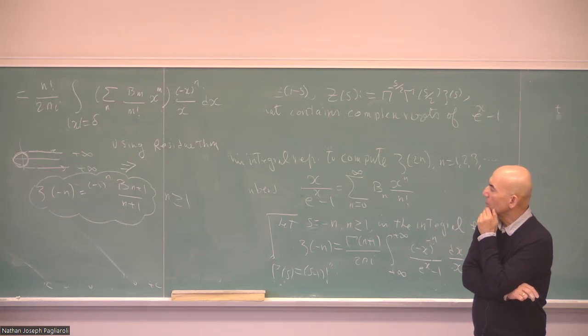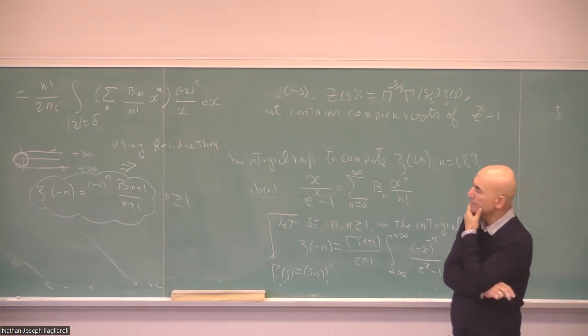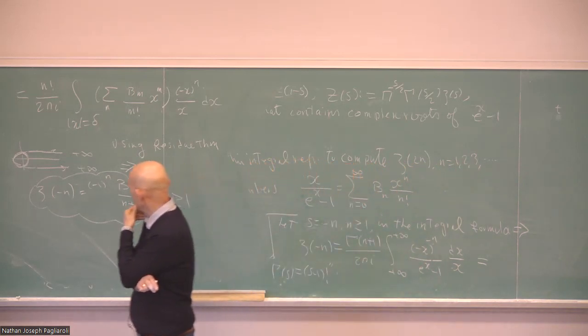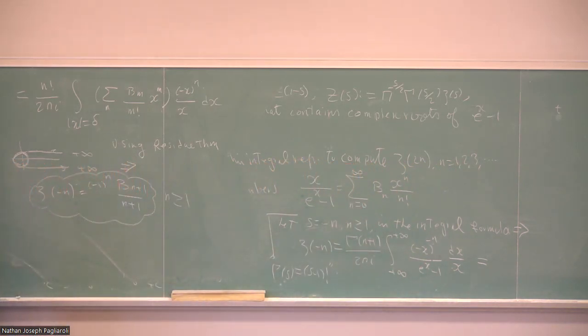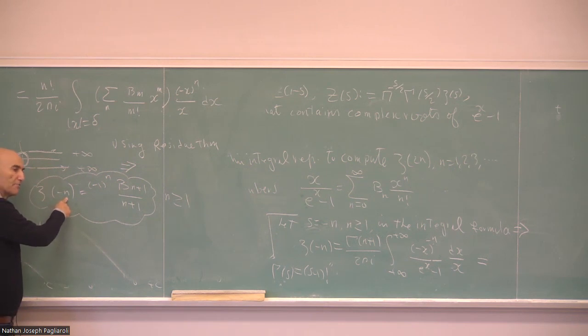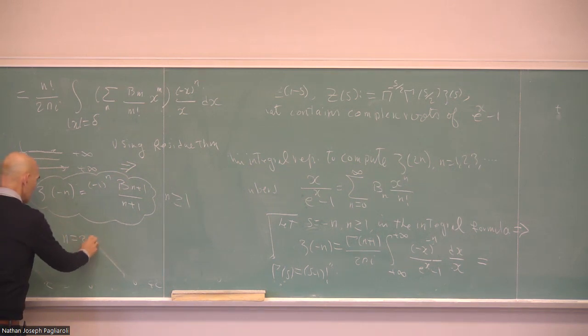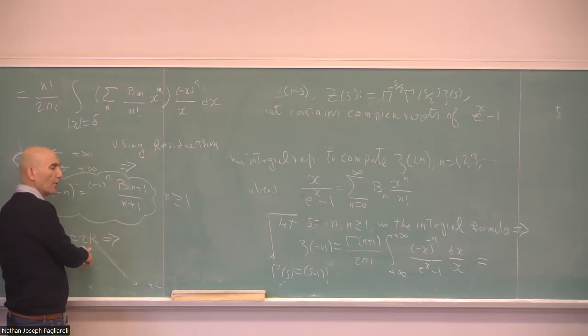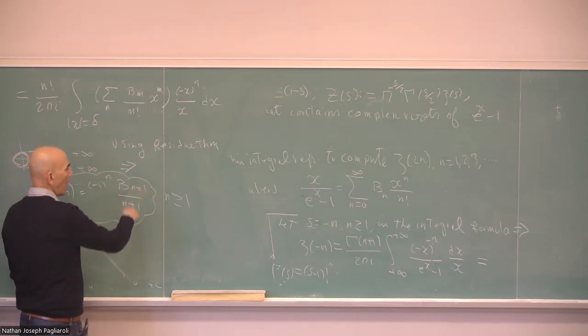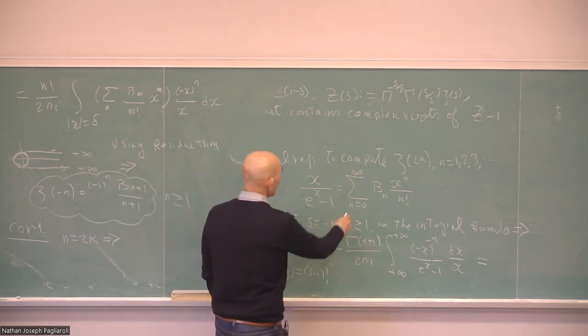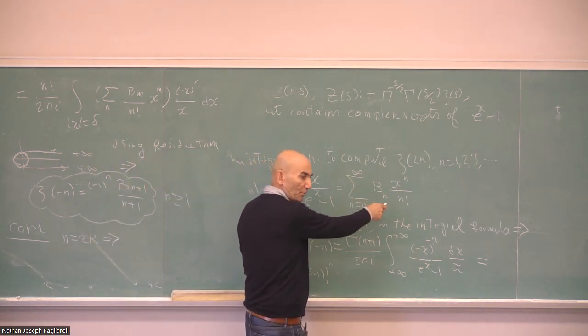So this gives a formula for zeta at negative integers in terms of Bernoulli numbers. Now, one of the things that we can conclude, the first corollary. What is the first corollary? So imagine n is an even number, then of course by facts about Bernoulli numbers, I know that odd Bernoullis are 0 beyond 1.